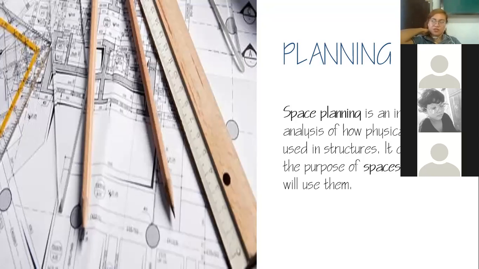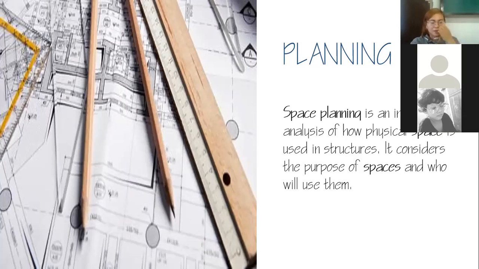You identify, then quantify the areas, then interrelate the areas, and determine which area is adjacent to another. So if the living area and dining area should be adjacent to each other or not.